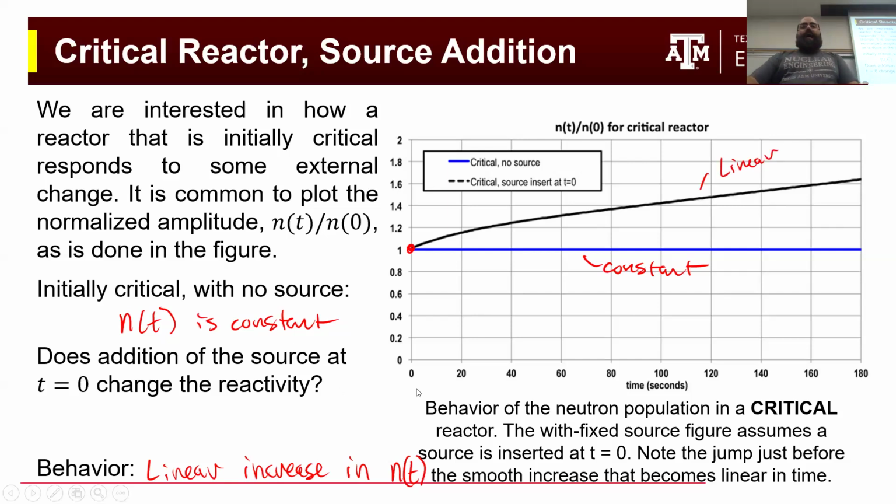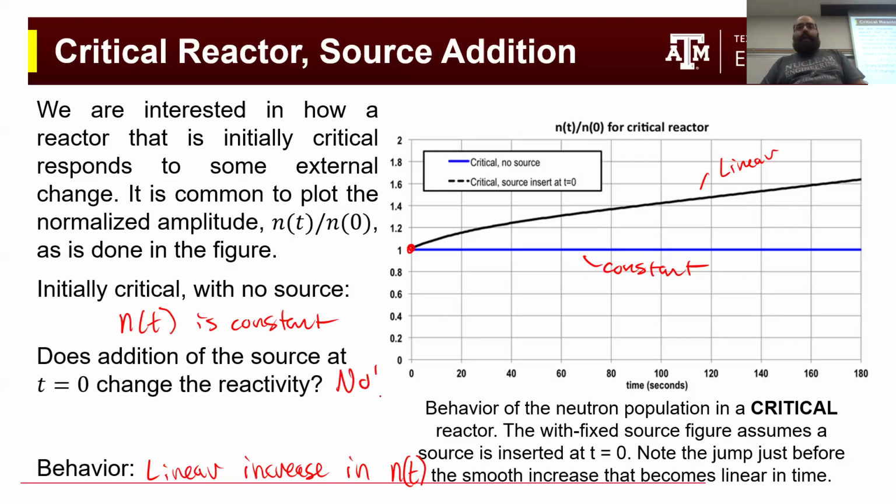It's a good question to ask: when we add a source in the system, does that change our reactivity, or does that change our multiplication factor? It's a good question because it's kind of a trick question.